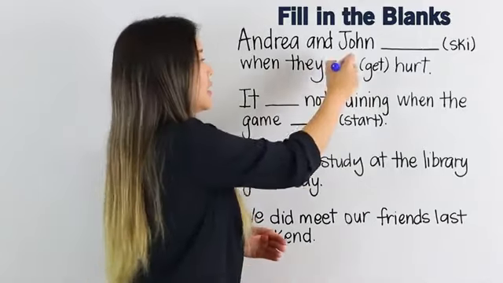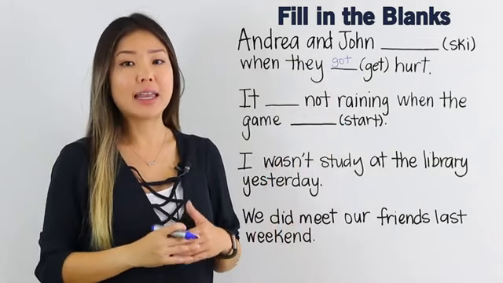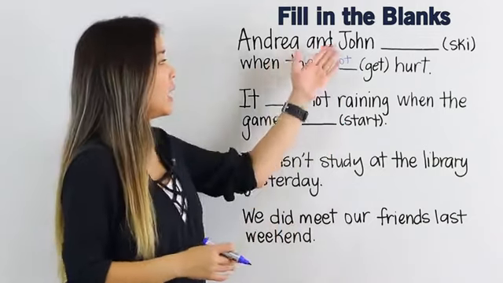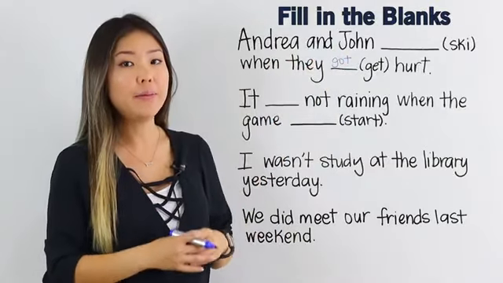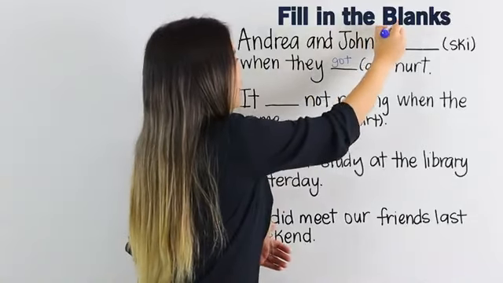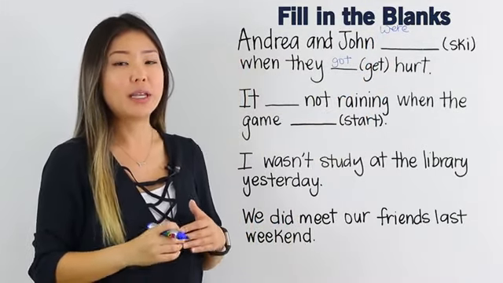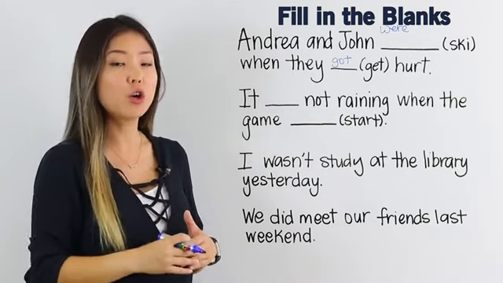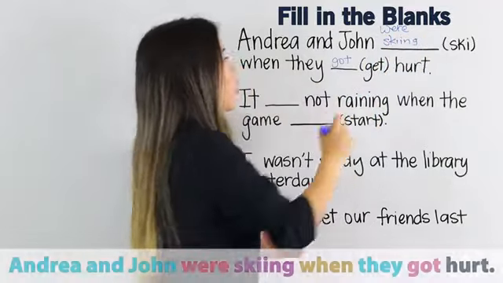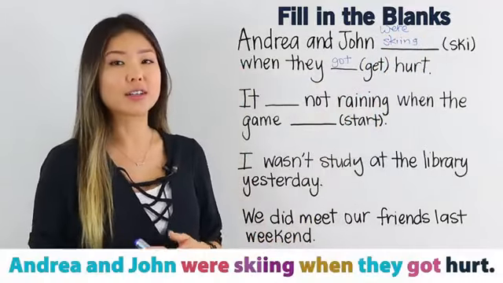The answer is got. Now, let's take a look at the action that was in progress in the past. Andrea and John, or they, well, what comes after they? Were. Andrea and John were. Then remember we need to add ing to the verb. They were skiing, or Andrea and John were skiing when they got hurt.